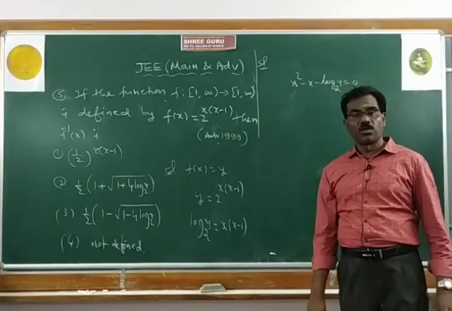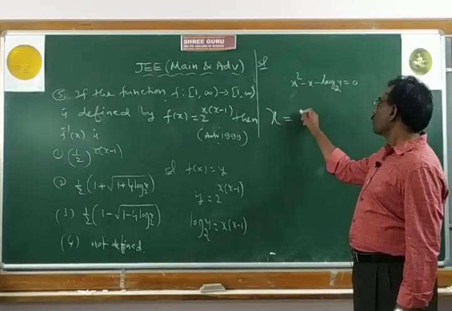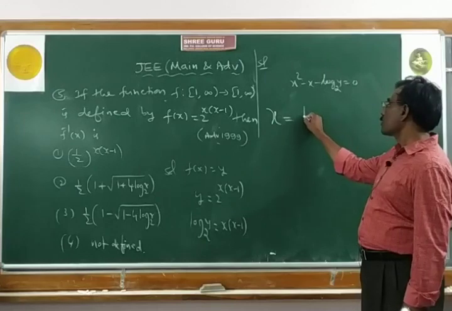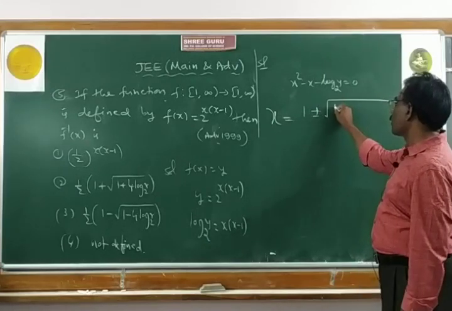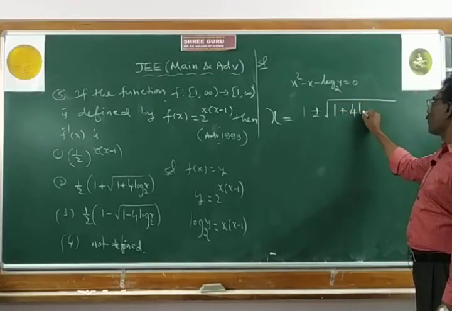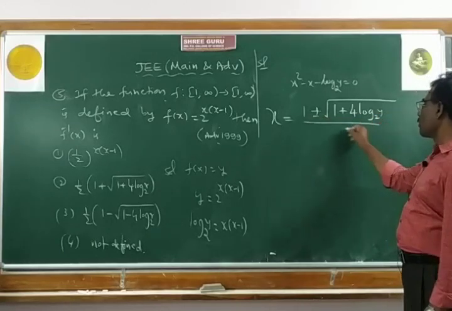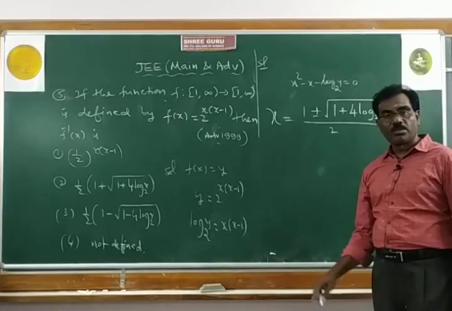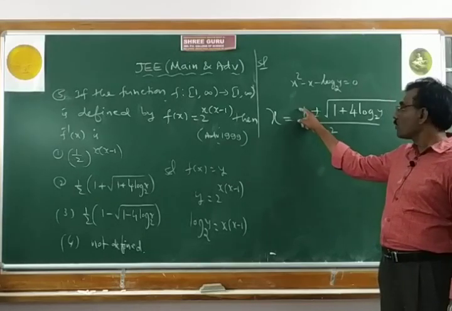So this is the quadratic equation in x equal to minus b, I think plus 1 plus or minus root b square 1 plus 4 log y to the base 2 whole divided by 2. But here you got plus and minus. I think minus is not possible. Better you consider 1 plus.